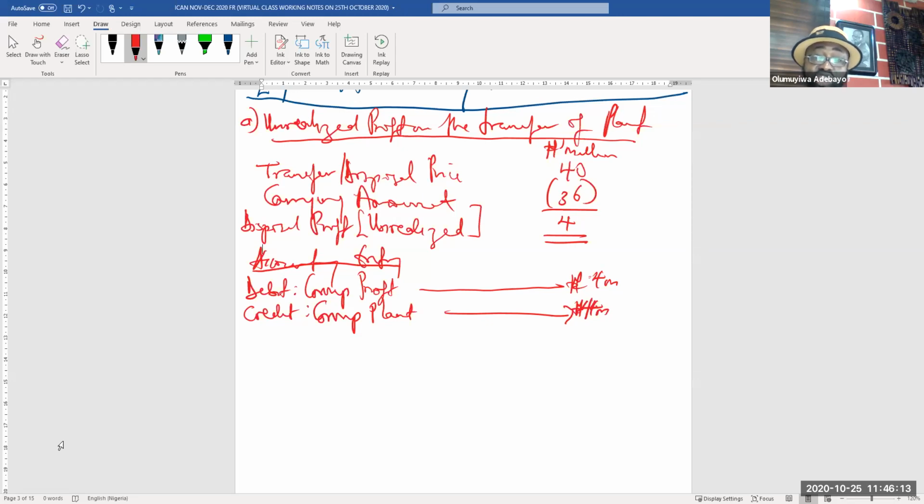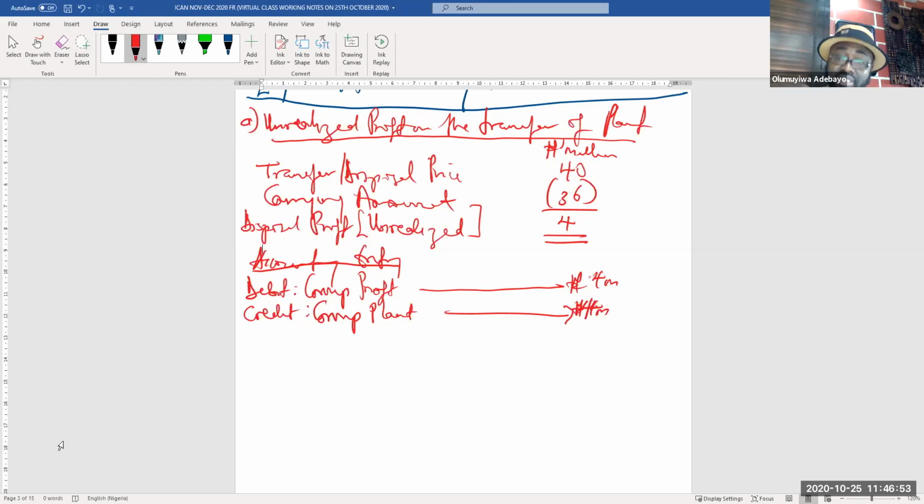That 40 million is fictitious because the parent loaded it with 4 million that's not realized, and we have reversed it. But it's still maintained in the books of the subsidiary at 40, which will have influenced this depreciation charge. Therefore, every year we keep track of that excess depreciation that was charged. Because if they had transferred it at the carrying amount of 36, they would have been charging depreciation of 3.6 million. How do you arrive at 3.6? 36 million divided by 10 years means it would have been charging 3.6 per year. But the actual depreciation charge is 4 million.